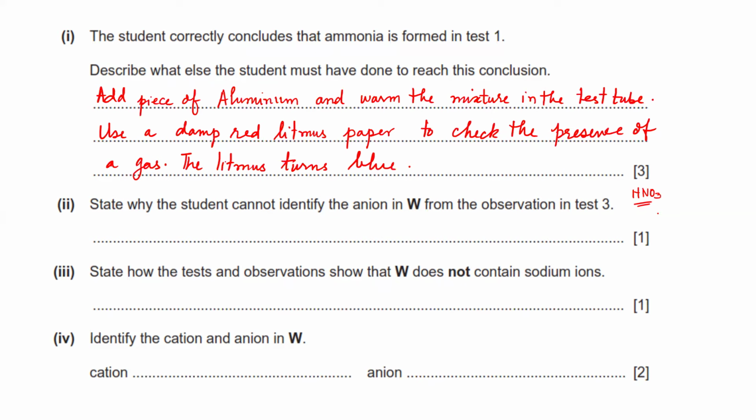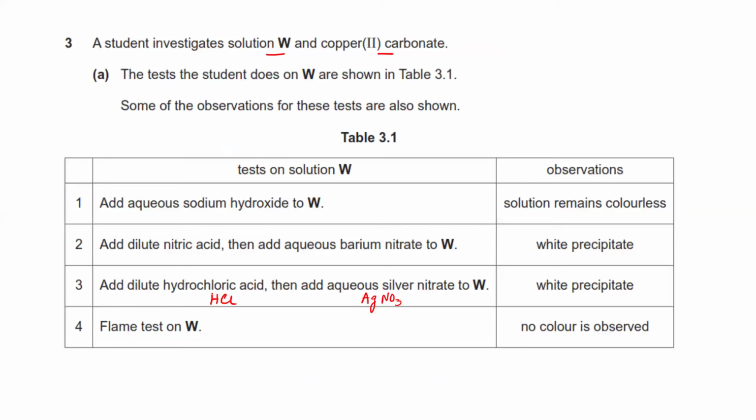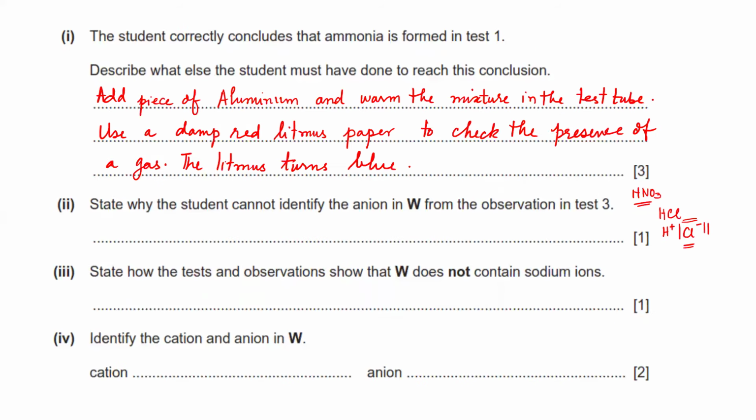Because when you're adding HCl, it dissociates into H positive and Cl negative, so chloride ions are coming. And this test is actually nitric acid plus silver nitrate, and if there are chlorine, bromine, or iodine halides present, then you can easily detect what sort of halide is there. Okay, so the reason is that HCl gives Cl negative ions.